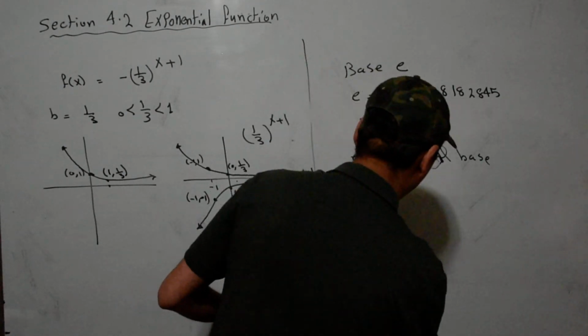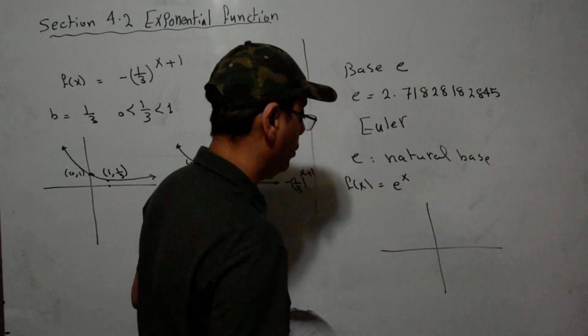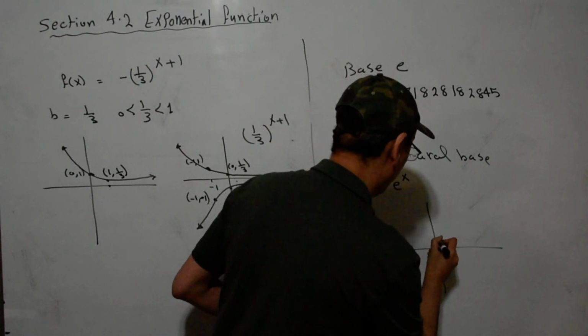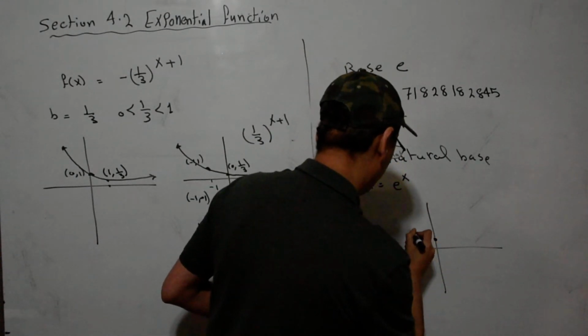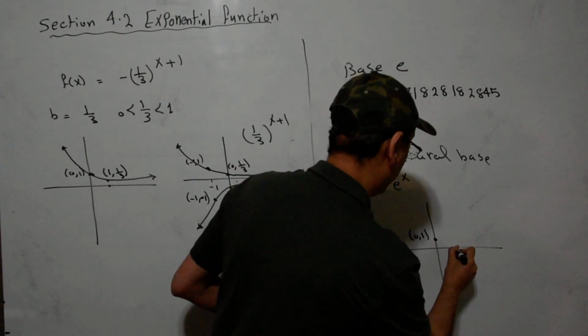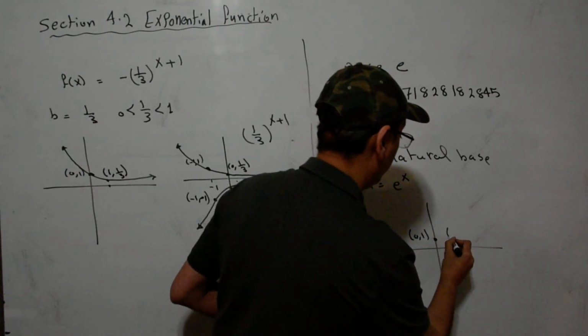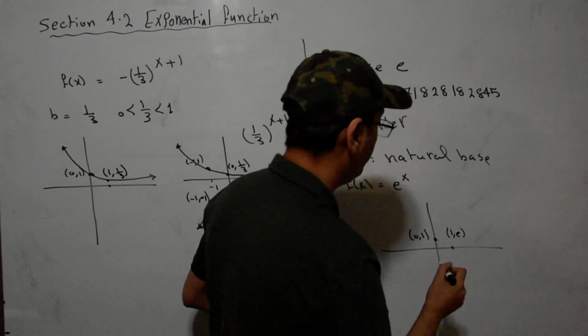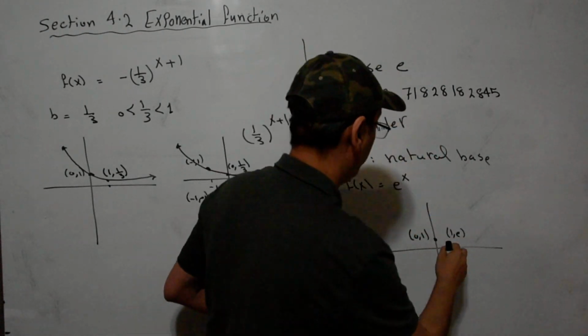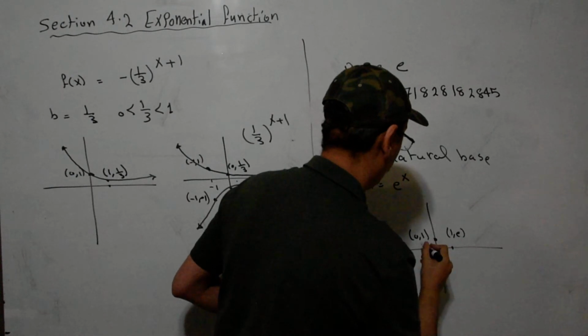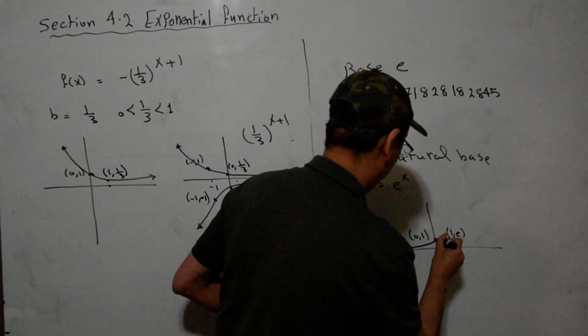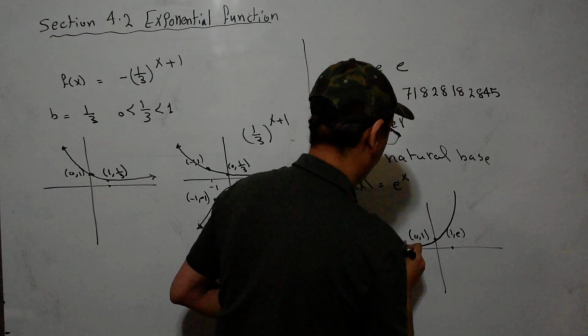So again, it's similar to any function we learned. It passes through 0 and 1. But here it's going to be 1 and b, but my b is e, which is 2.7. So that must be 2.7. And again, it goes this way.